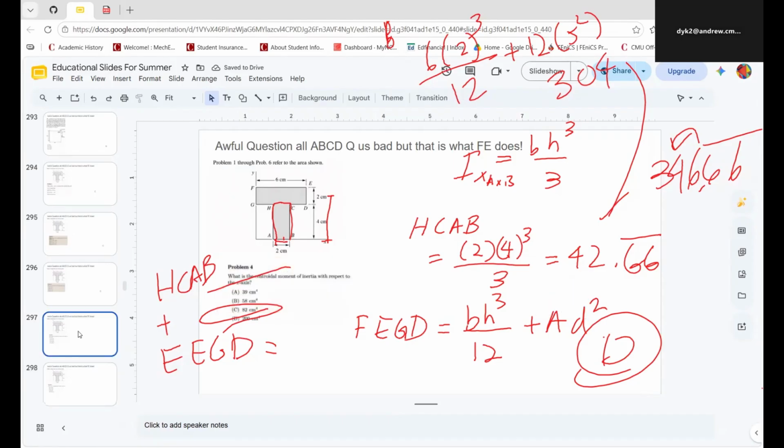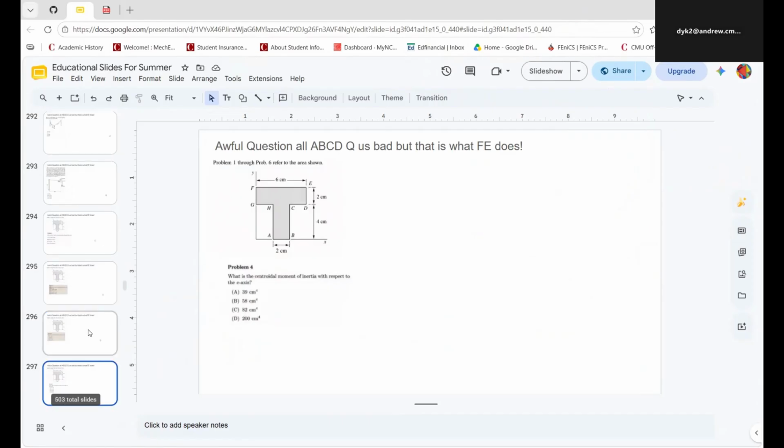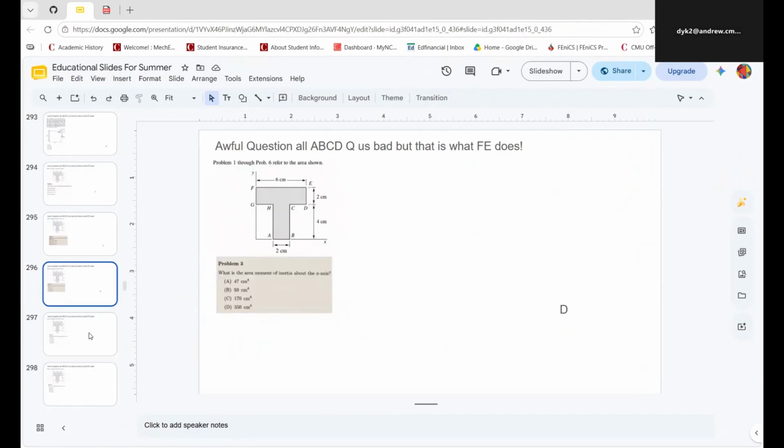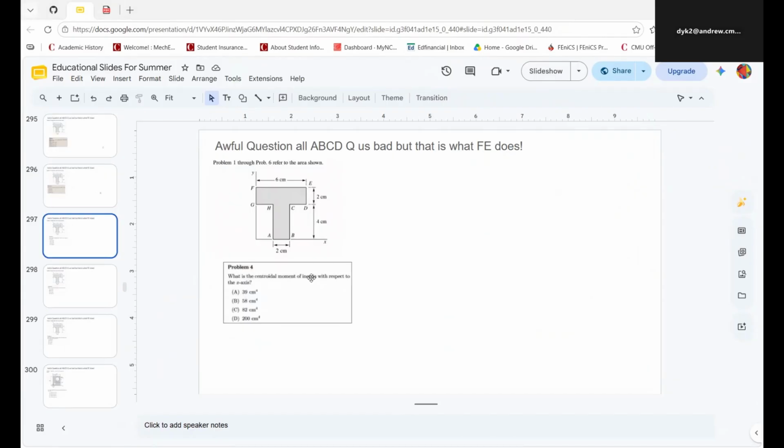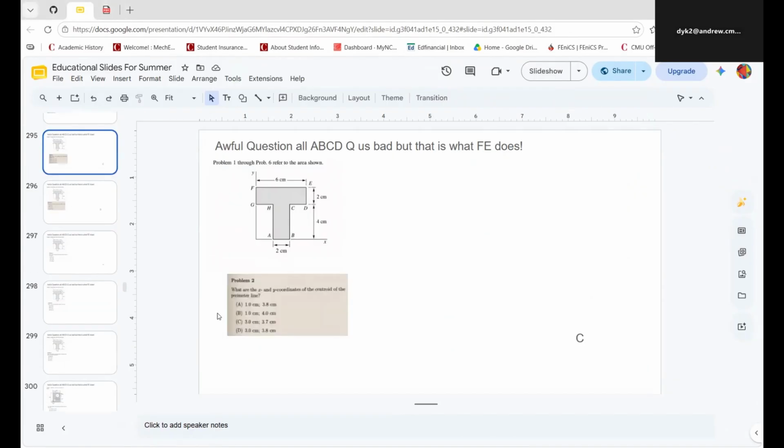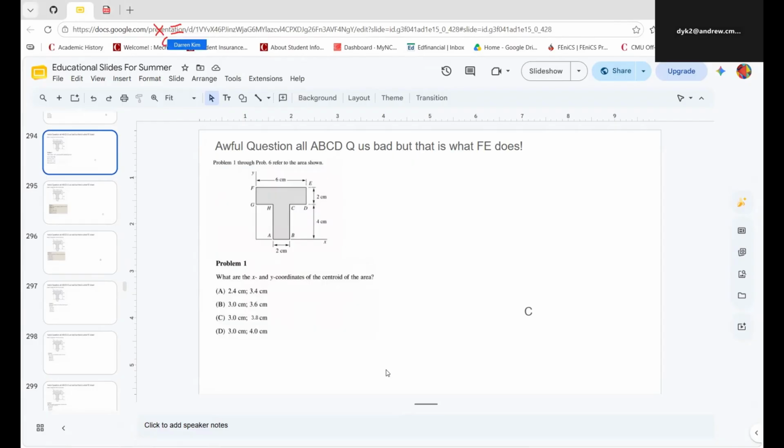Wow, there's a lot of questions for just one of these. This is going to be the moment of inertia about the x-axis. And okay, so this one is the centroid moment of inertia with respect to the x-axis. So earlier we figured out that the centroid from problem 1 was somewhere here, where the x centroid equals 3 cm and the y centroid equals 3.8.